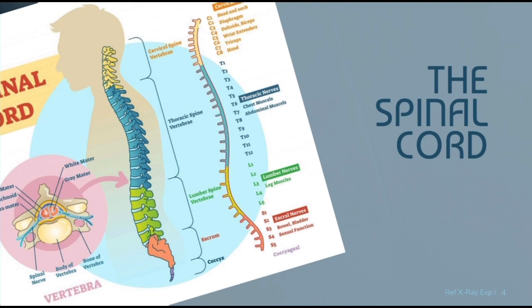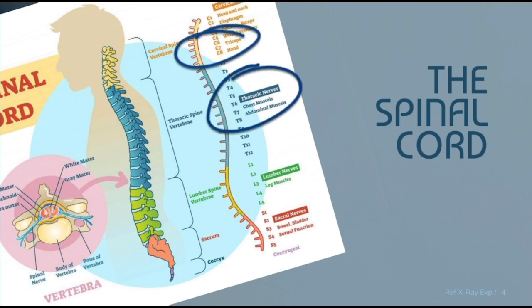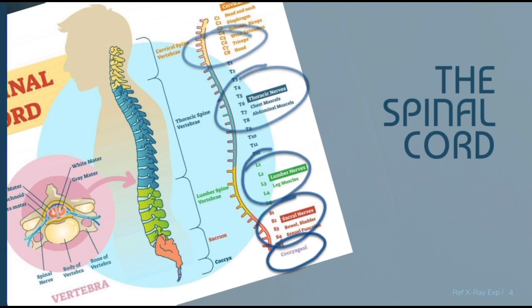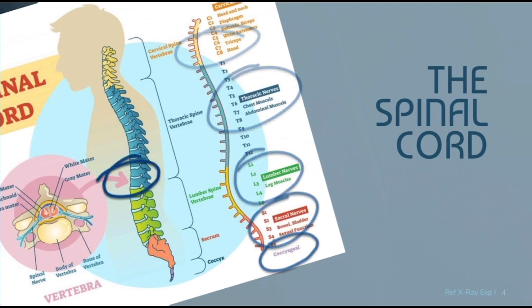As I discussed in the last slide, the spinal cord is divided into 5 different segments. We have our cervical, thoracic, lumbar, sacral, and coccygeal segments. And then to our left, we can see that they have pulled out a vertebra.